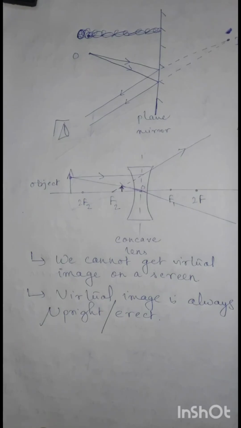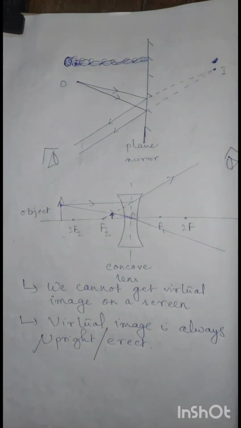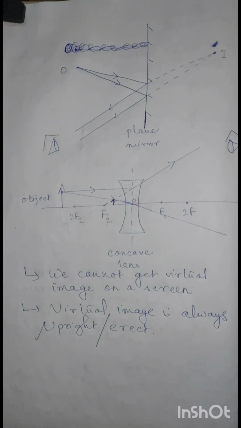So using these two examples, we can easily write the difference between real and virtual image. First point, when reflected and refracted rays are getting intersected, then we get a real image.